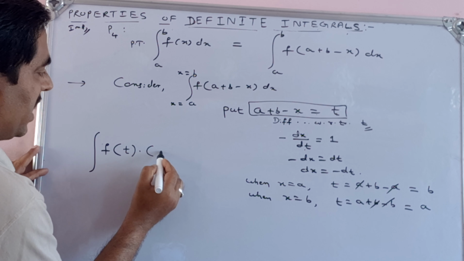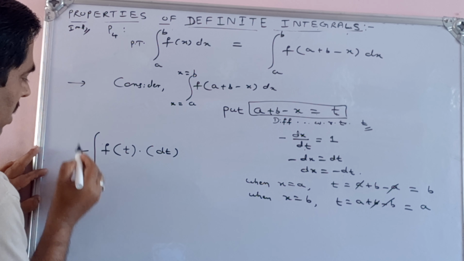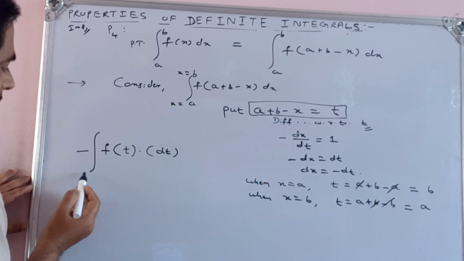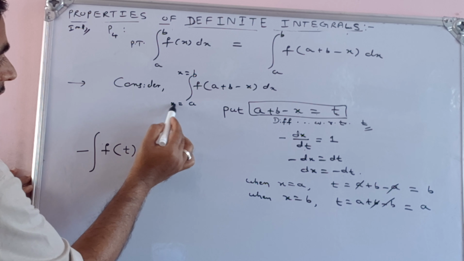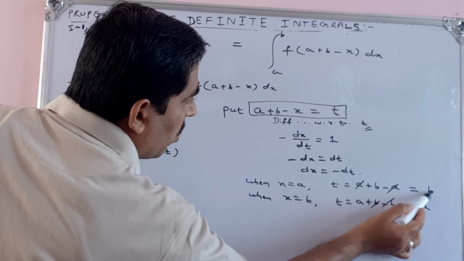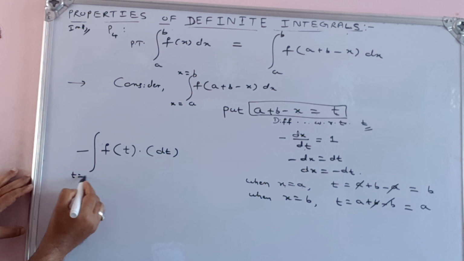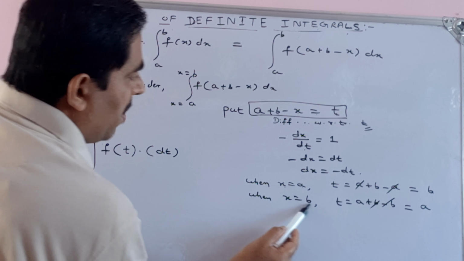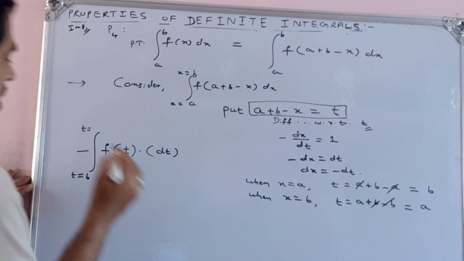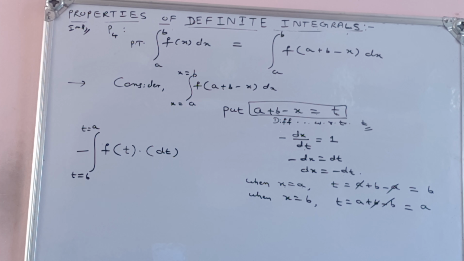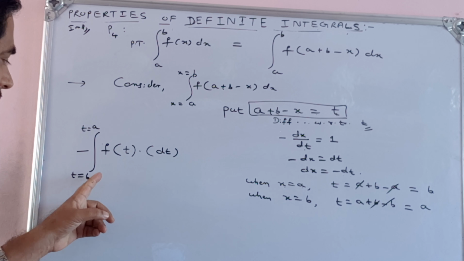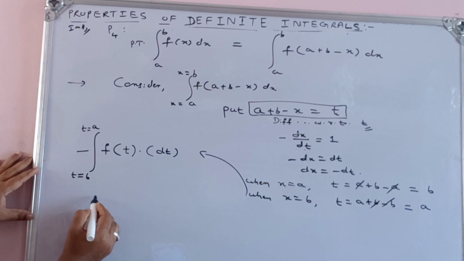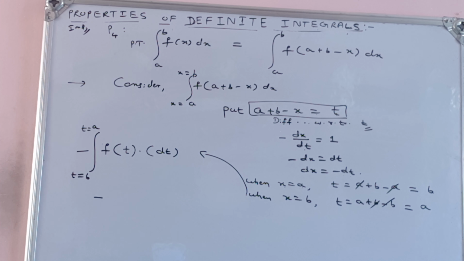That minus I will write outside because it is a constant. Then the limits: when x is equal to a, t is equal to b, and when x is equal to b, t is equal to a. So our integral converts to this, with the minus outside.